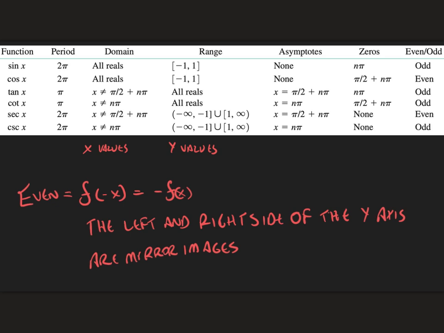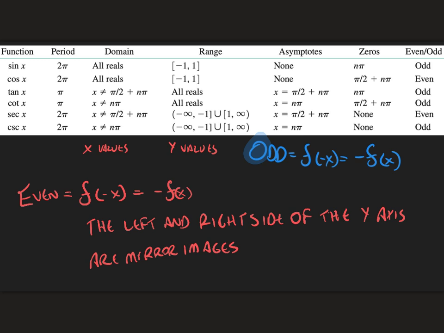Okay, so what does it mean for a function to be an odd function? An odd function means that f of negative x is equal to the negative of f of x.